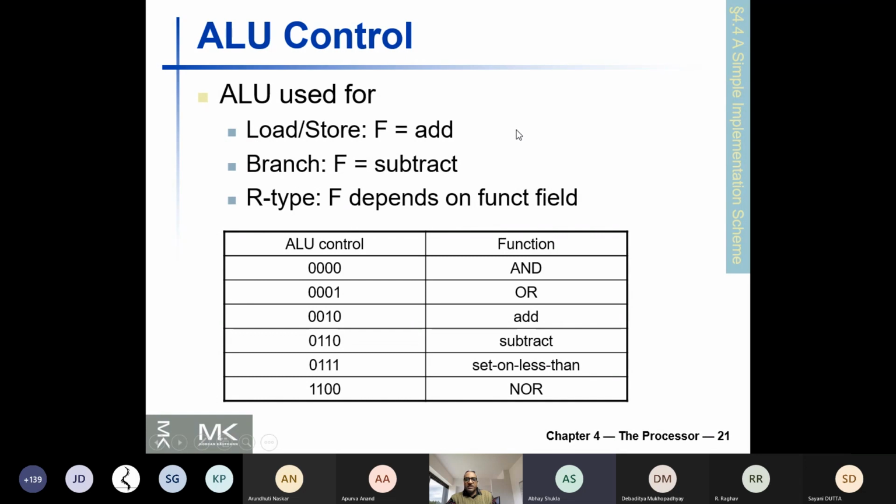That means the lower 16 bits, the 16 bits on the least significant side, indicate the offset, and that offset will be used for address calculation.